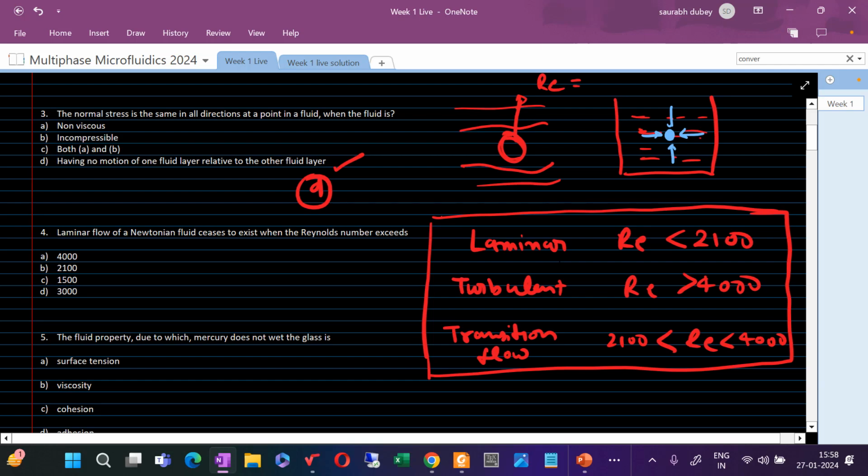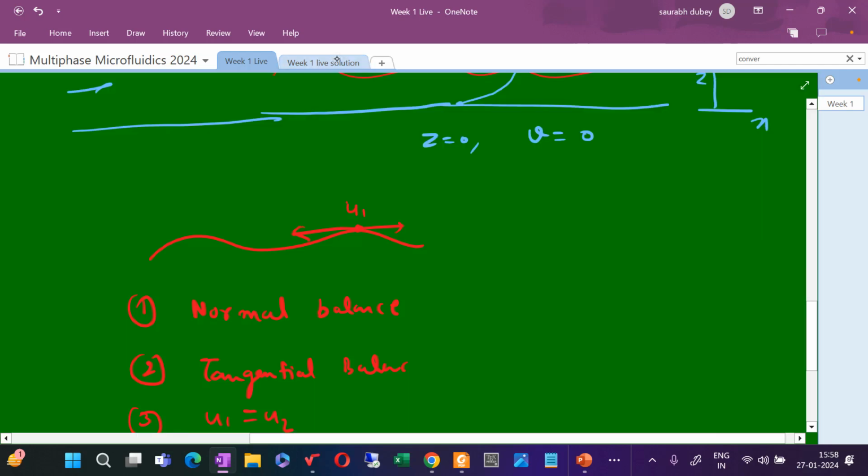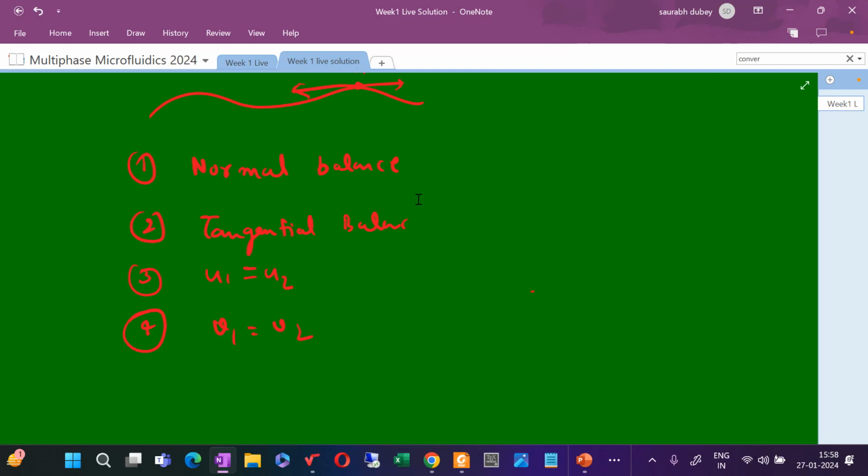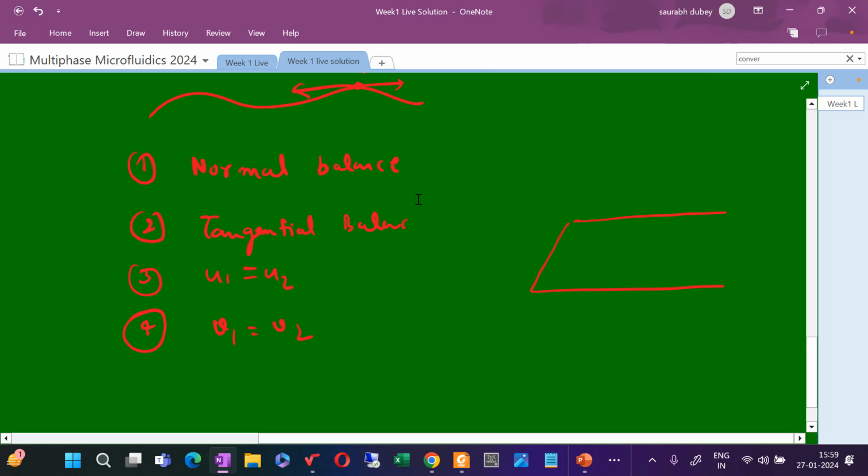So how do you define Reynolds number in open channel flow? Have you ever thought about it? Let's say a plate is there, with length L and width W, and flow is happening along the length. Let me draw that.